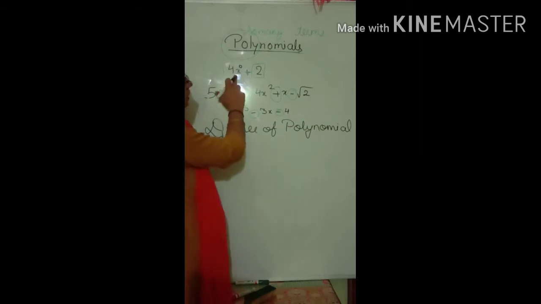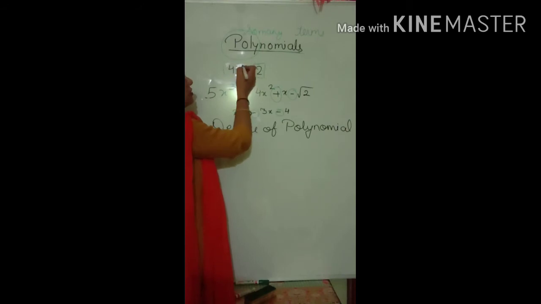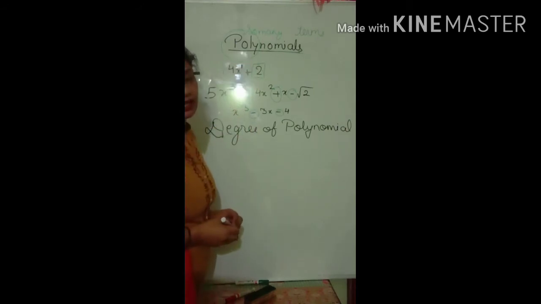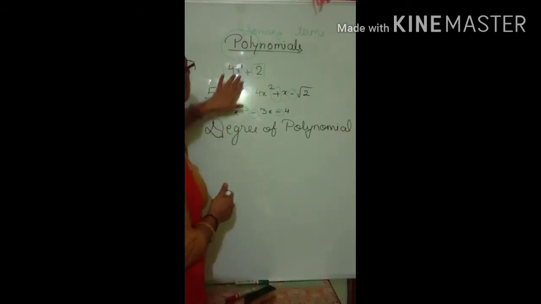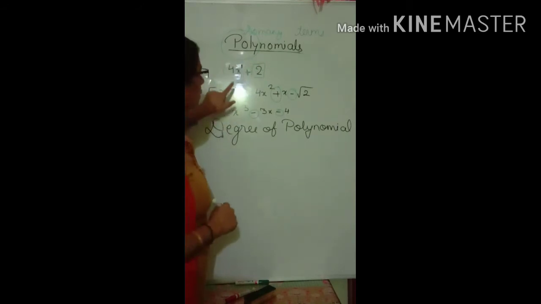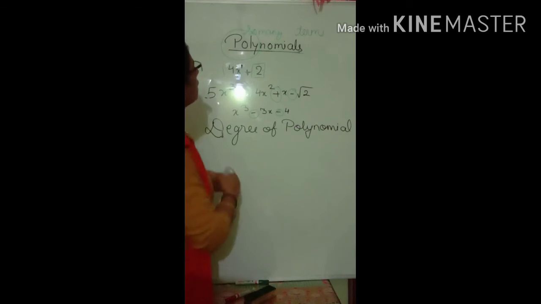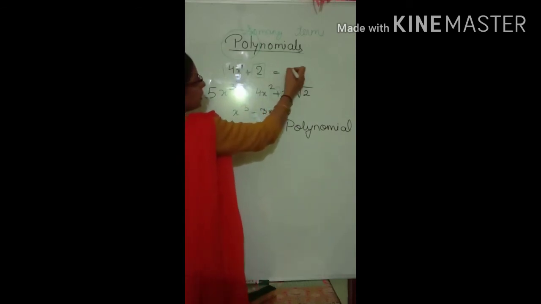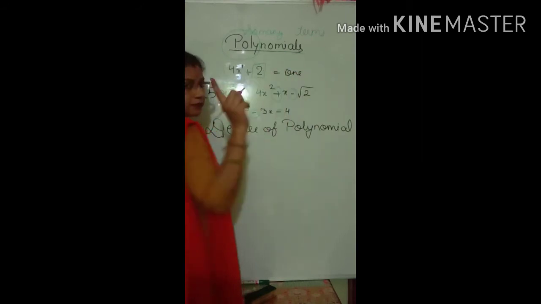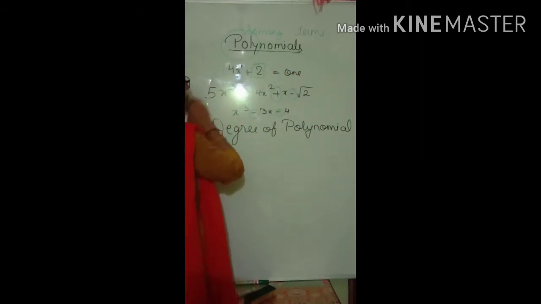No, because something raised to the power 0 is 1. So this is not 0. This is 1, and 1 is not written. So where the power is not written, the power is 1. So x is to the power 1. 4x plus 2 has power 1. So what is the degree of this polynomial? The degree is 1.